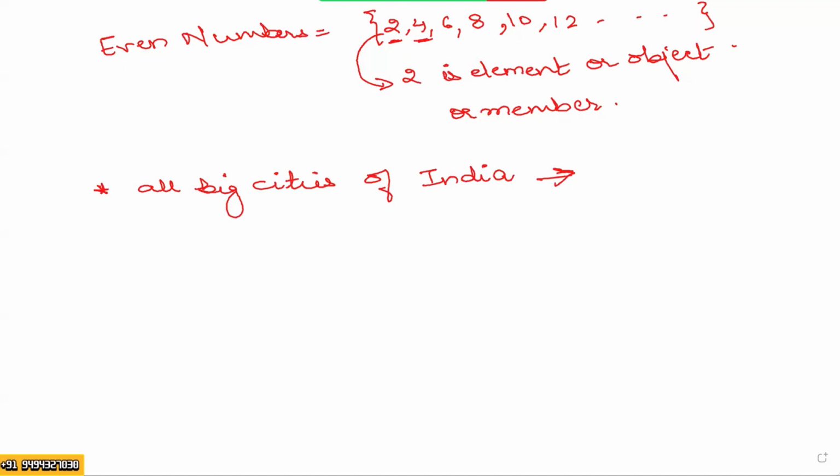Is it a well-defined collection or not? Just give your answer in yes or no. Why? All the cities are just elements. Have I mentioned any city name?